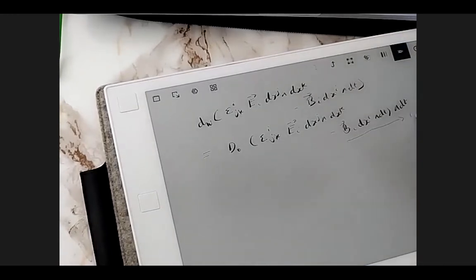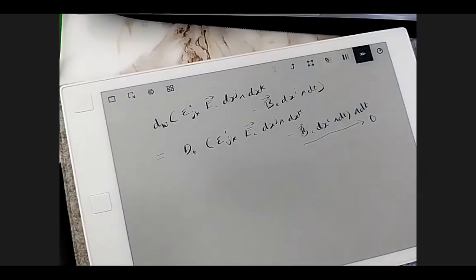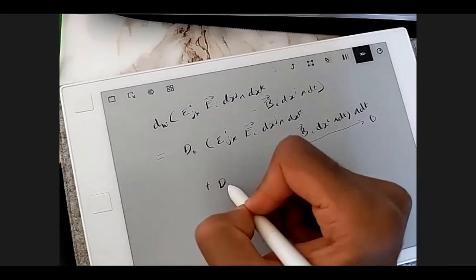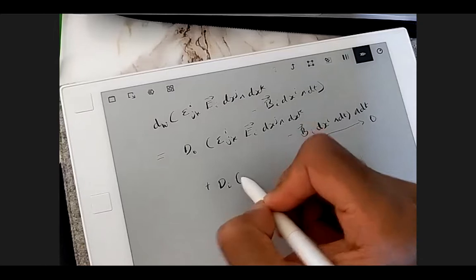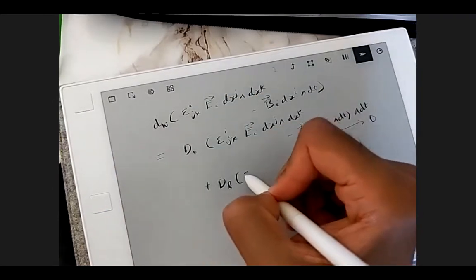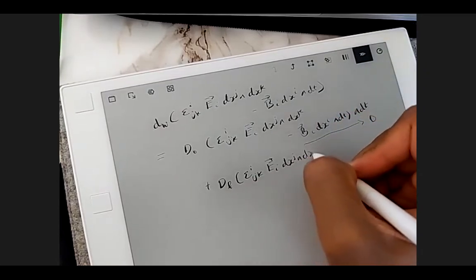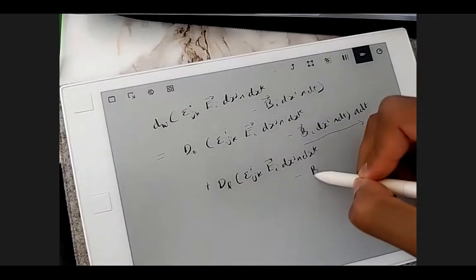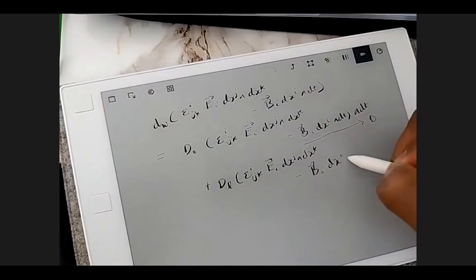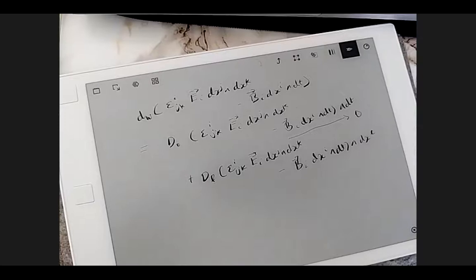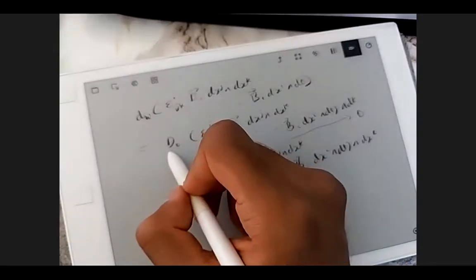See, immediately this is going to vanish because this dt was dt. And then I'm going to have another, so let's call it L. And now we're uninterested in this equation.